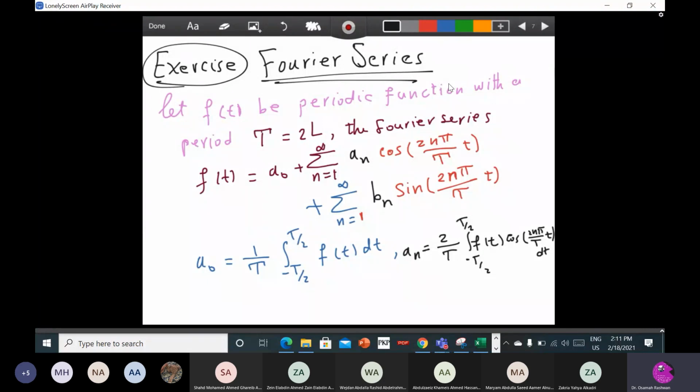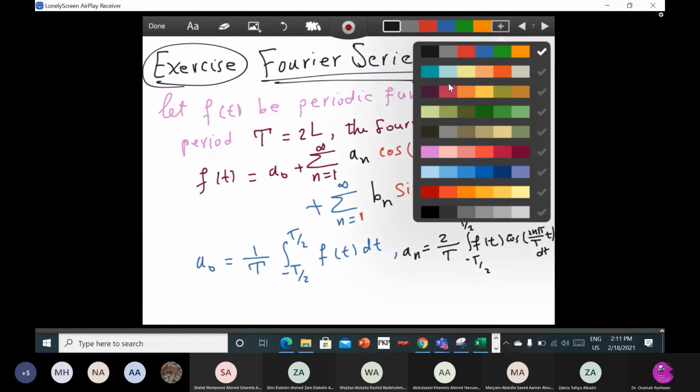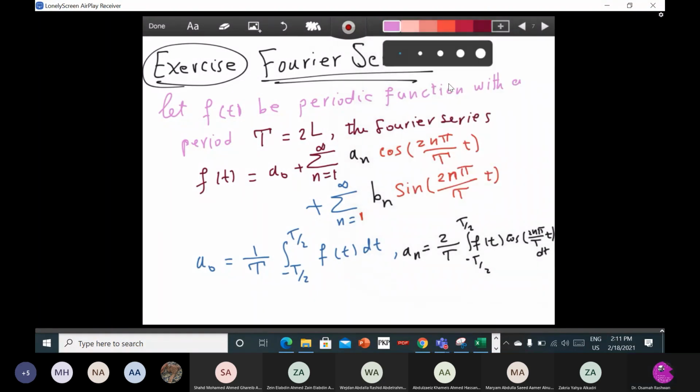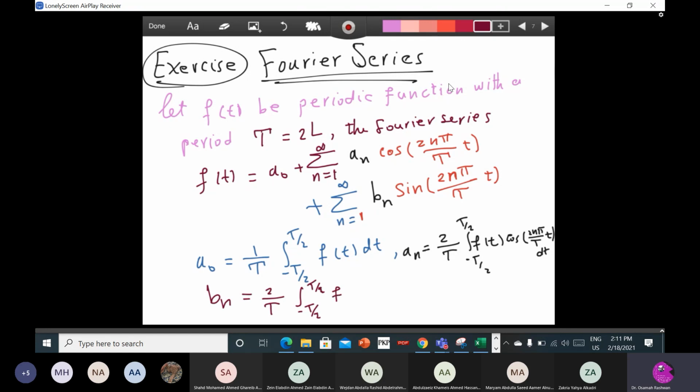And we will go for b n. b n is the same as a n, but instead of multiplying your function by cosine, you multiply by sine.